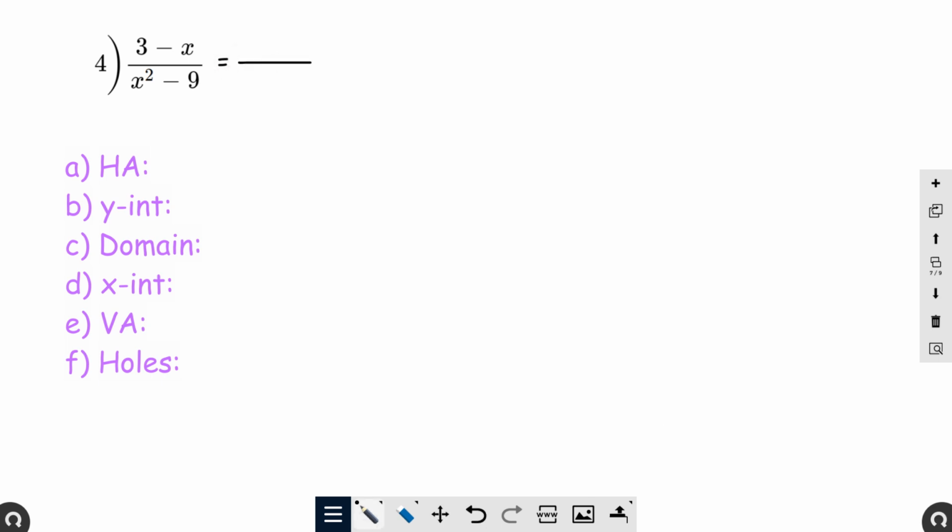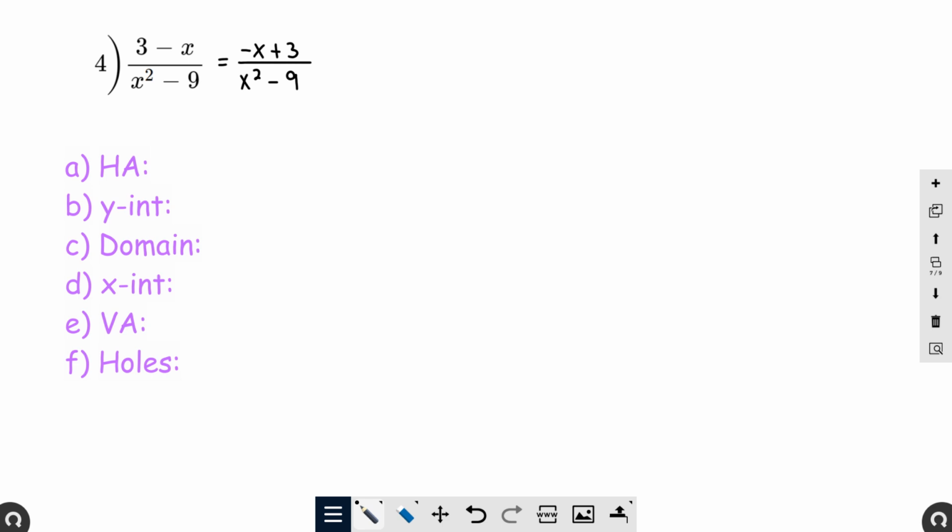Yep, and how do I rewrite this? Negative x plus 3. So if you want to rewrite it in standard form, you can before you get started. It kind of puts the variables in a better order to help us figure out the degree. Correct, but we're going to do that next. So don't factor out that negative 1 yet, but yes, we will do that.